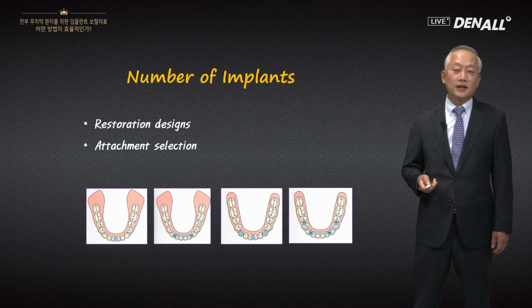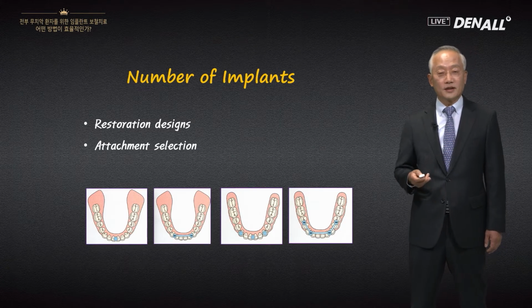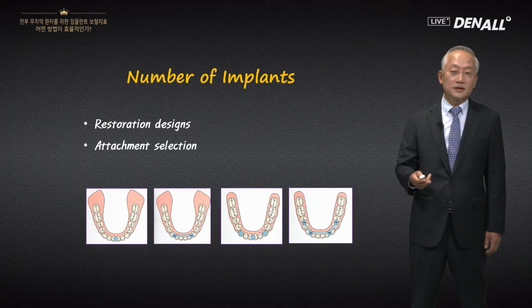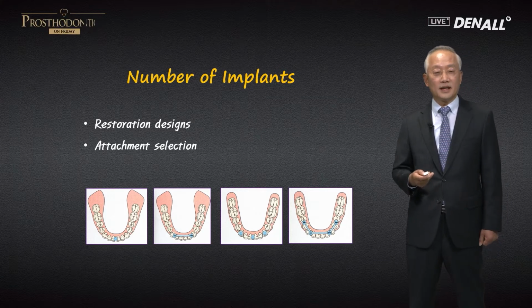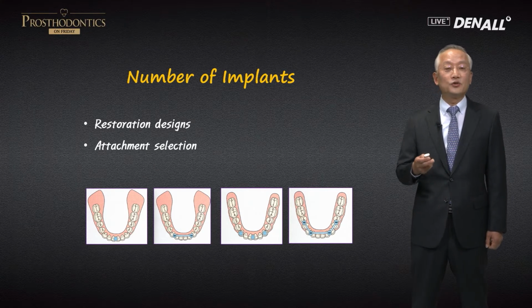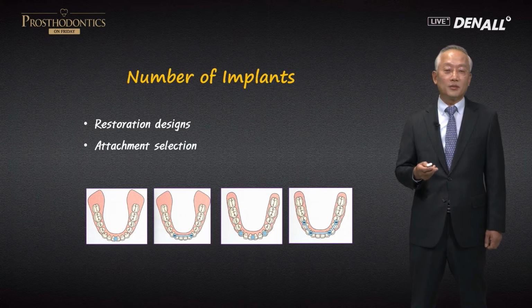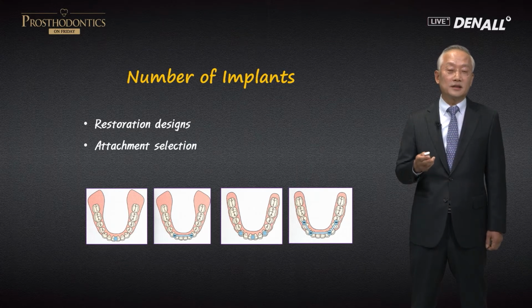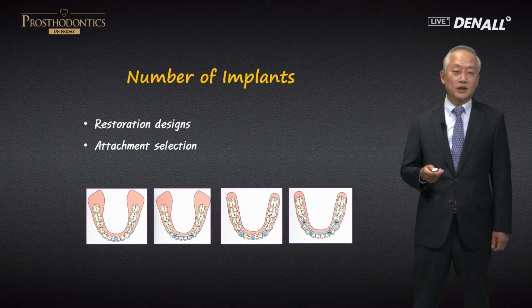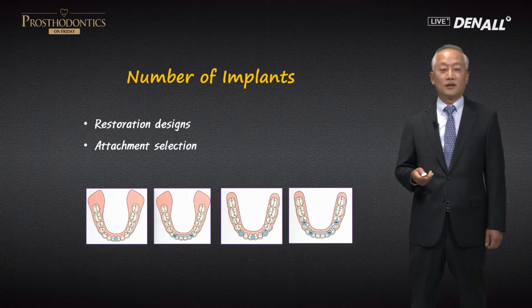Next is implant overdenture. This is the same. The biggest issue at hand is how many implants are going to be used to support overdenture. The first is, depending on the number of implants used, the design of the restoration or attachment can be decided.